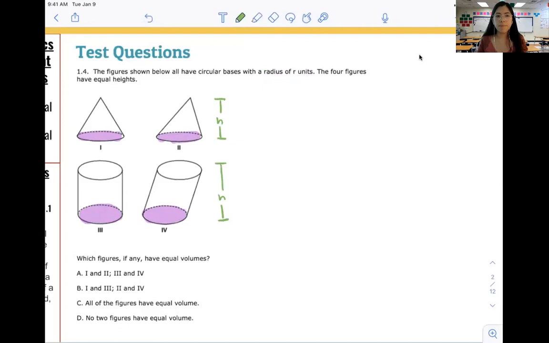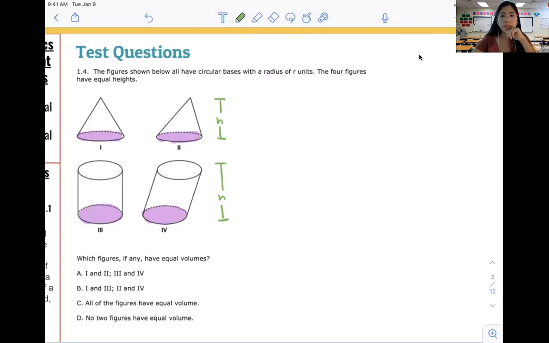So thinking about what is going on here, do they all have the same volume, or do they maybe all have slightly different volumes? Perla says no, they do not all have the same volume.